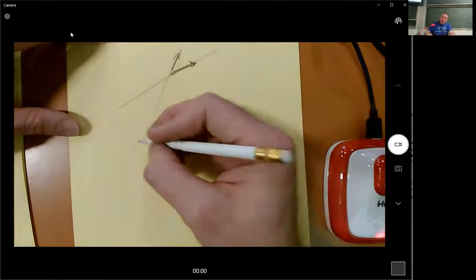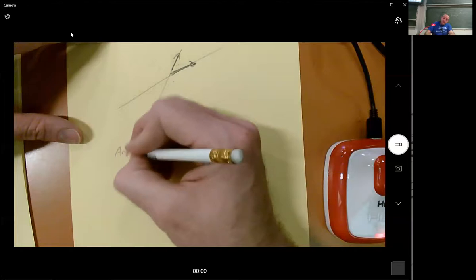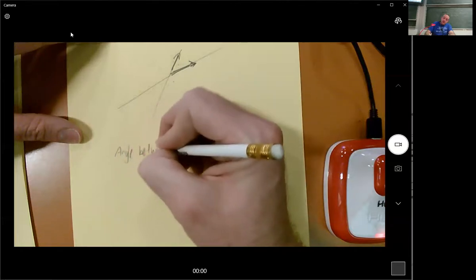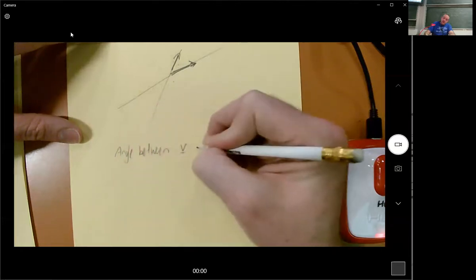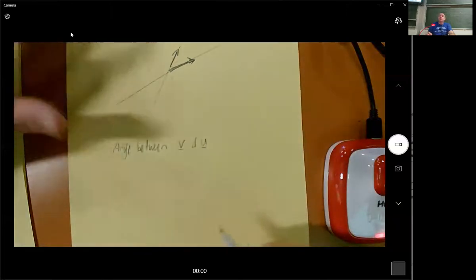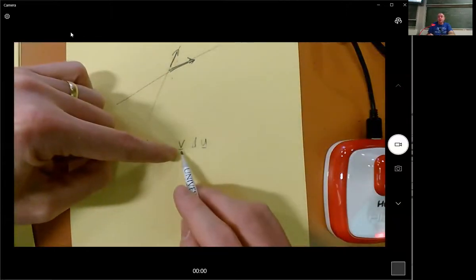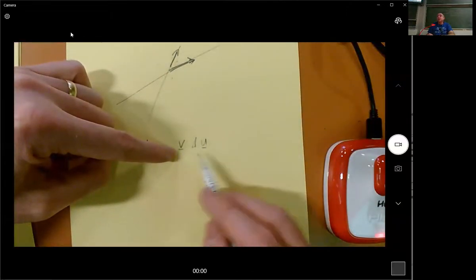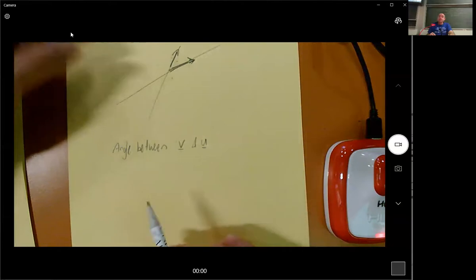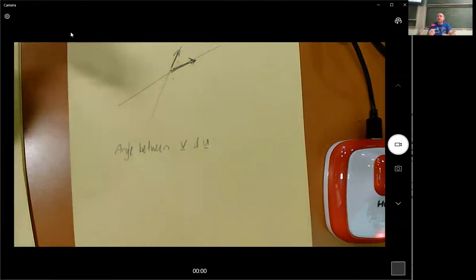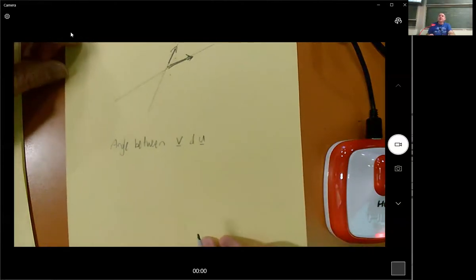It goes like this. So the angle between the vectors v and u, it's traditional to call them small bold letters, and I've underlined them because I can't draw bold on my paper.